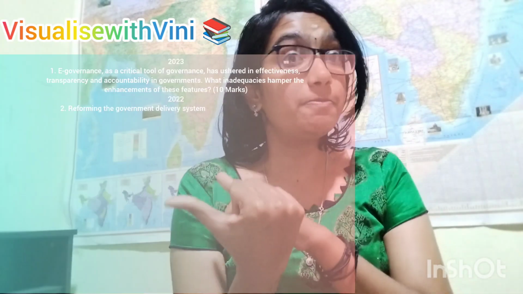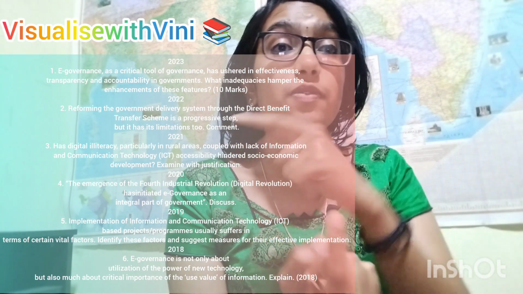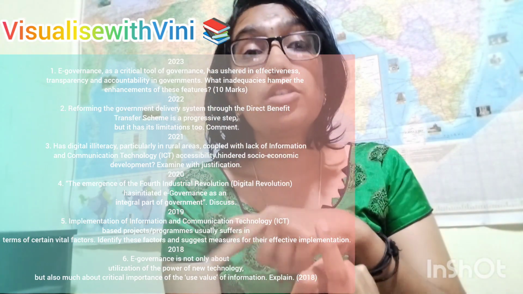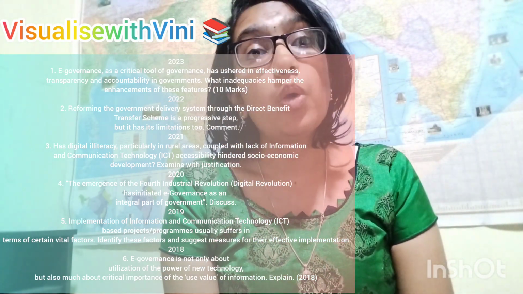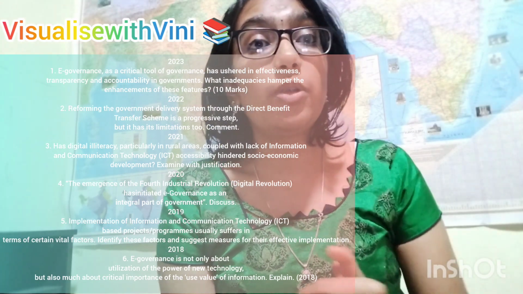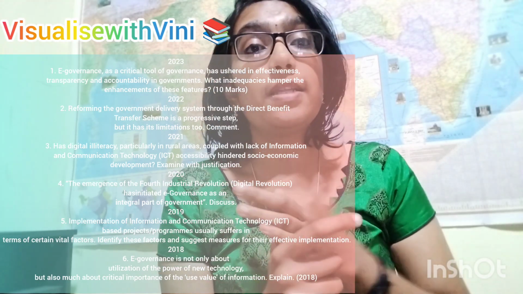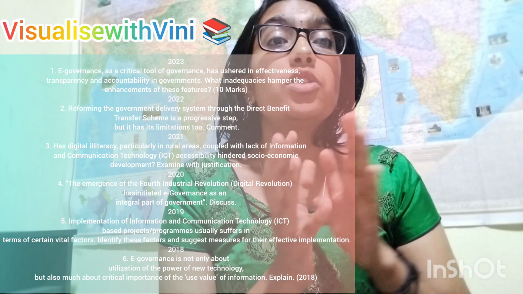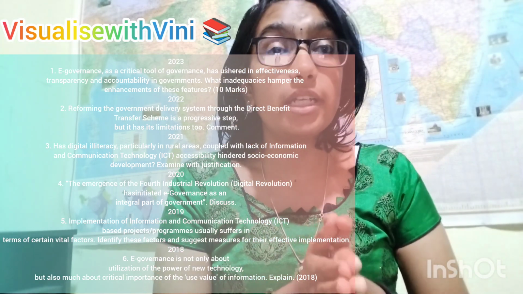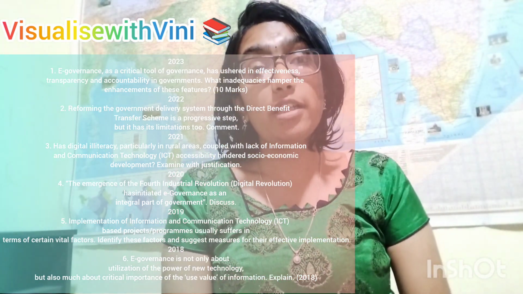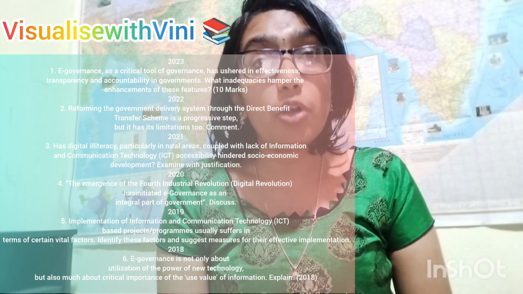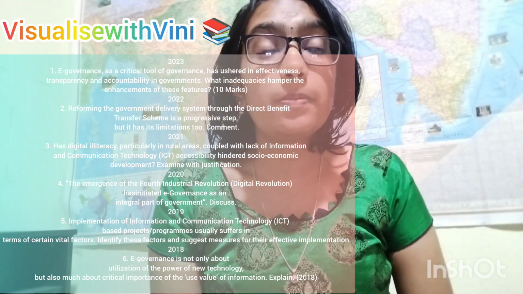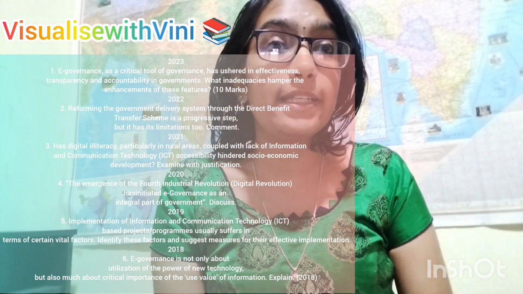I will put those questions in the corner of this video. You can look at them and understand how important it is to study e-governance, its uses, its limitations, its way forward. Prepare everything about it in detail, and whenever there is a topic on e-governance in the newspapers, place emphasis on it and read it.